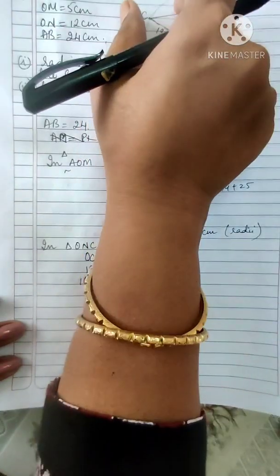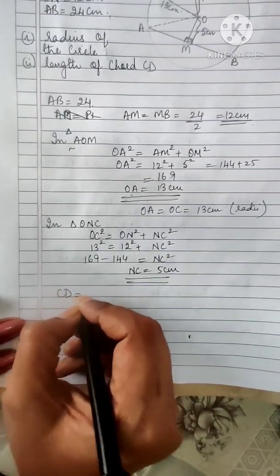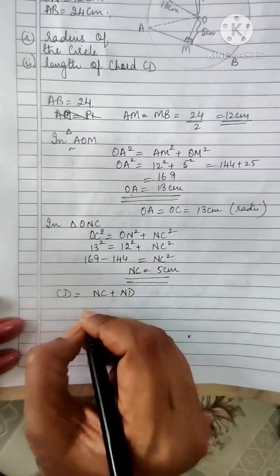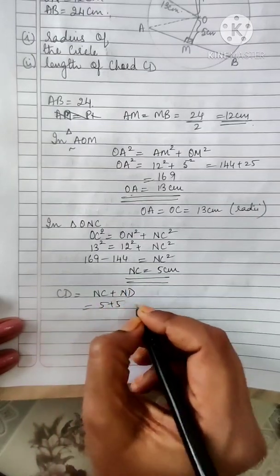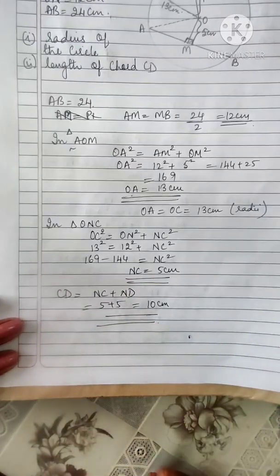So if NC is 5, ND is also 5. So CD is equal to NC plus ND, which is 5 plus 5, it is 10 centimeter.